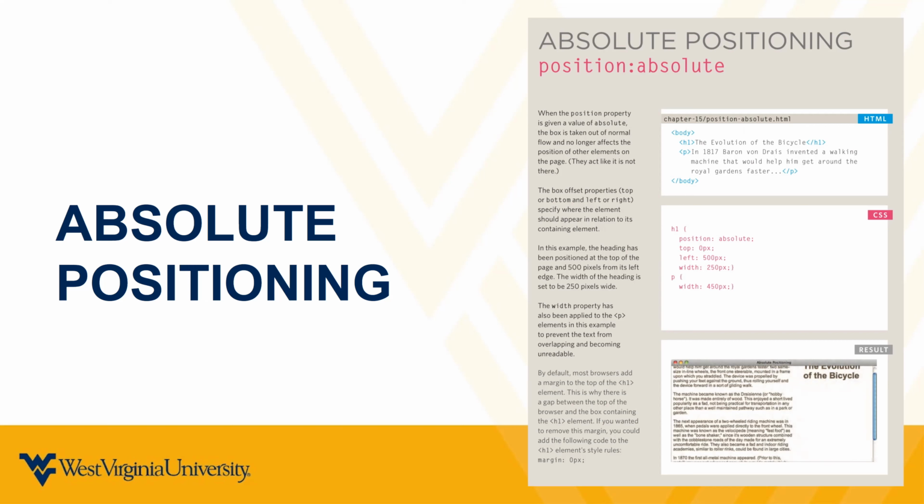And again, where it says 0 pixels at the top, we have the top of our website. Let's say we put 10 pixels, and we have a title here at 10 pixels. It'll be a little bit down from the top of the website.